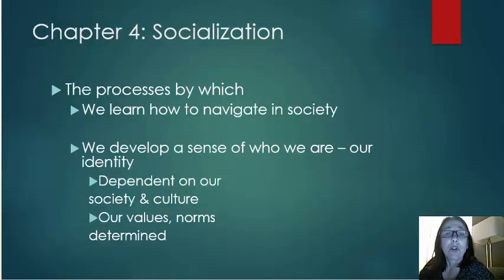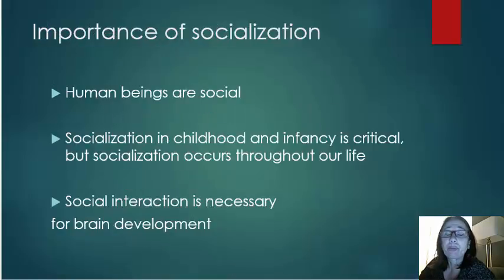So in this chapter, we're going to look at socialization, which is the processes by which we learn how to navigate in society, how we learn how to develop relationships, and how we develop a sense of who we are, which is our identity. And our identity is actually dependent on our society and our culture, because our culture determines what our values are, as well as our norms, what's expected, or what sort of behavior is acceptable.